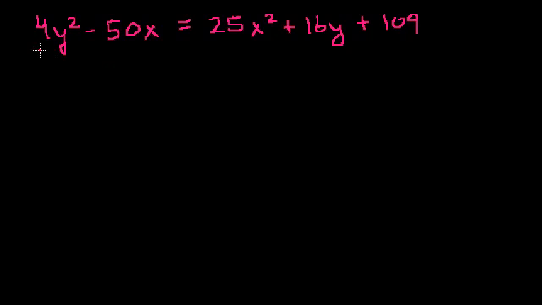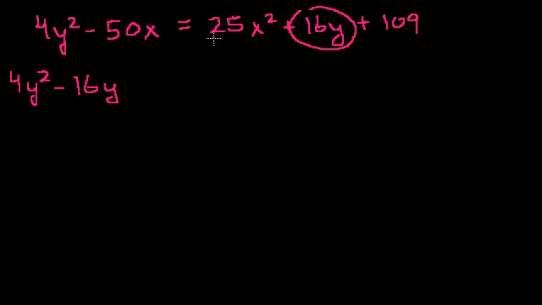So let's do that. On the left-hand side, I'll put the 4y squared. And actually, I'm also going to group all the x and y terms in this step. Let's move this 16y onto the left-hand side. If I subtract 16y from both sides of this equation, I get minus 16y on the left-hand side, and of course it'll disappear on the right-hand side.